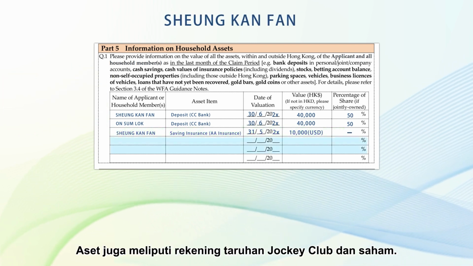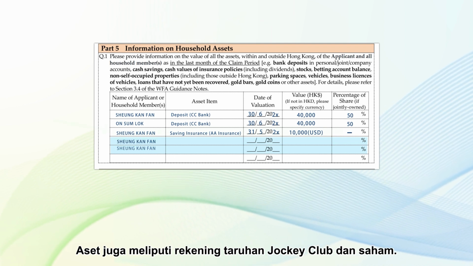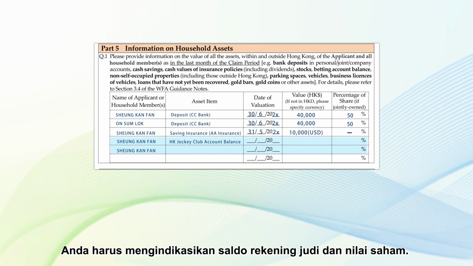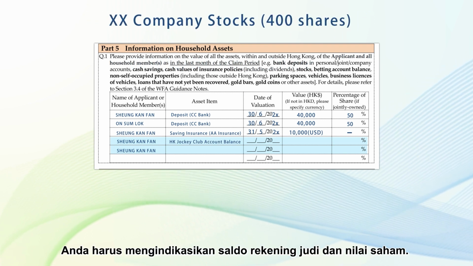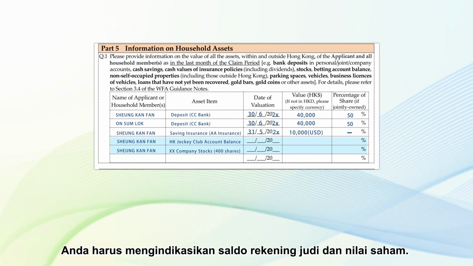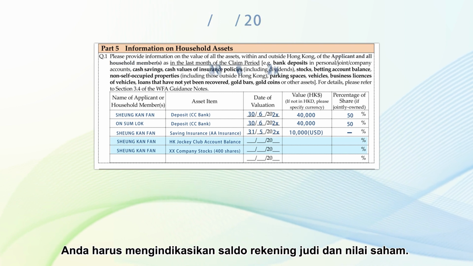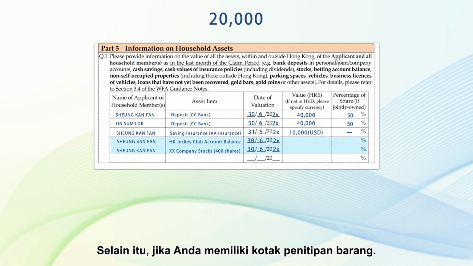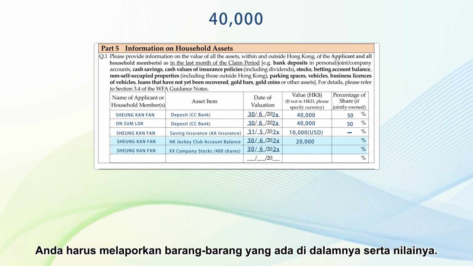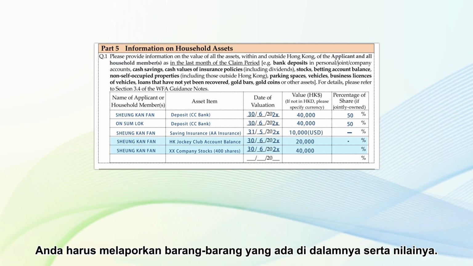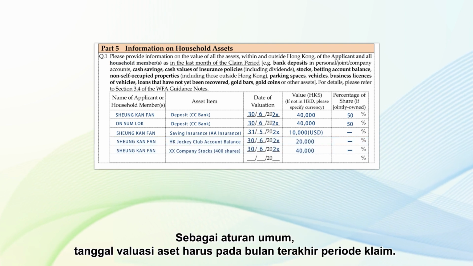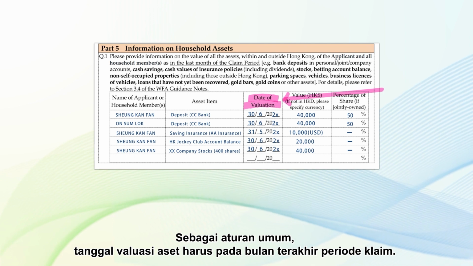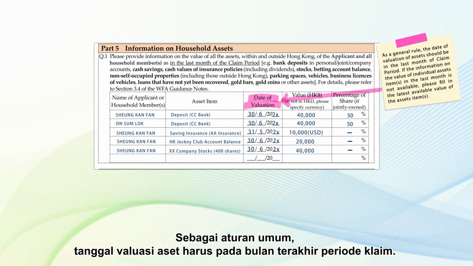Assets also include Jockey Club betting account and stocks. You should indicate the balance of the betting account and the value of the stocks. In addition, if you have a safe deposit box, you should report the items inside and their values. As a general rule, the date of valuation of assets should be in the last month of claim period.